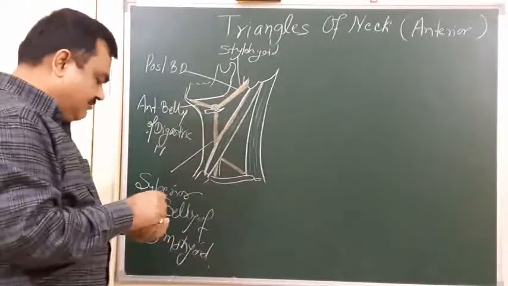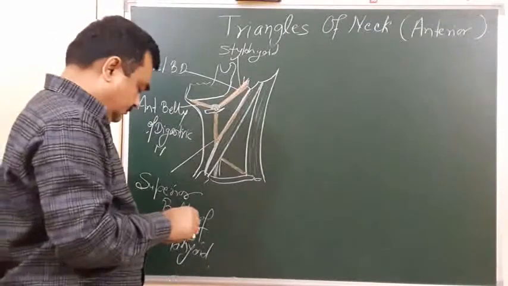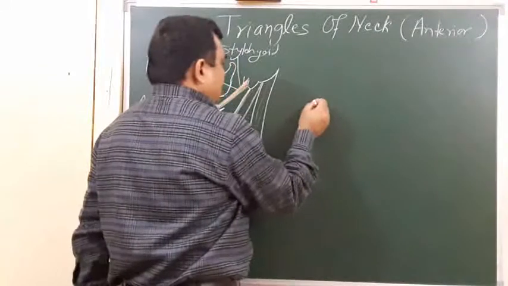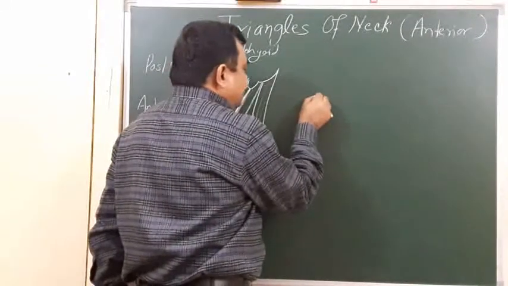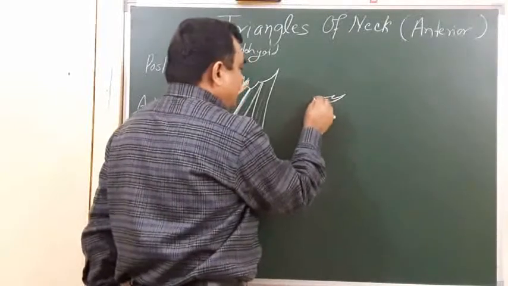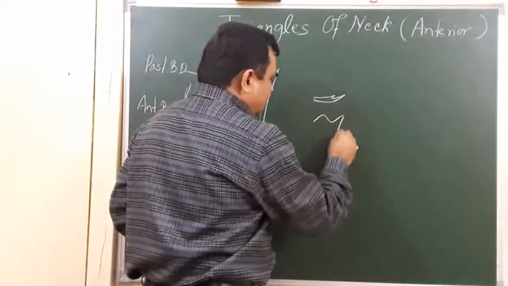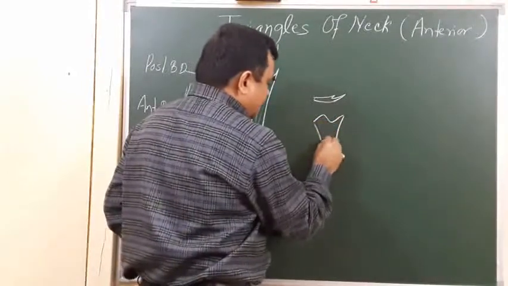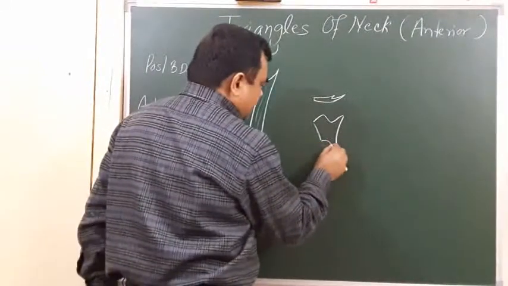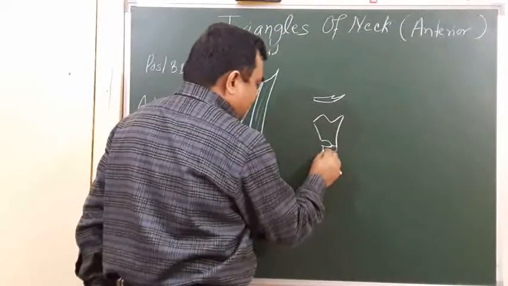The floor of this triangle is formed by... for the floor, we make another diagram. This is the hyoid bone. Here is the larynx. This is the cricoid cartilage.